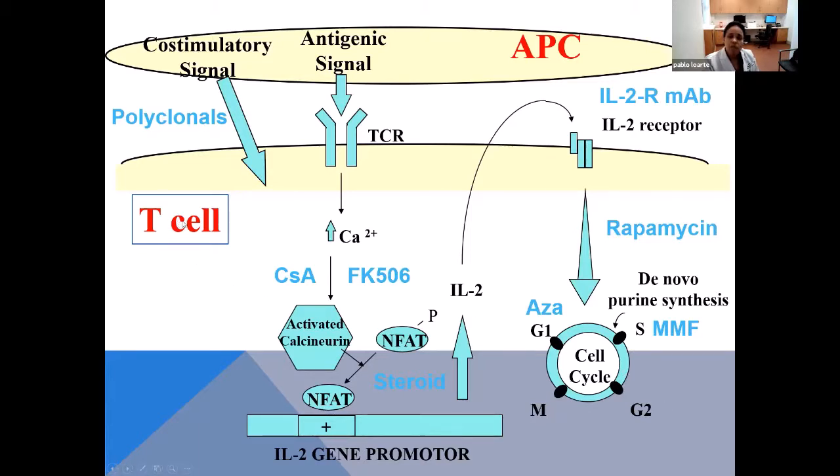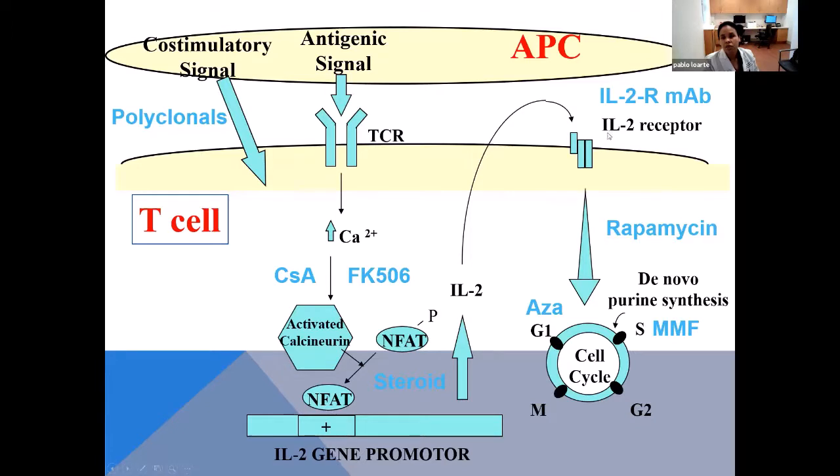So our immunosuppression works on different aspects of these pathways. We have different induction medications. One is called thymoglobulin. Essentially what it does is kill all your T cells. If you don't have T cells, obviously you're not going to have this activation. That's why they're called T cell depleting agents. Then you have another one called basiliximab.